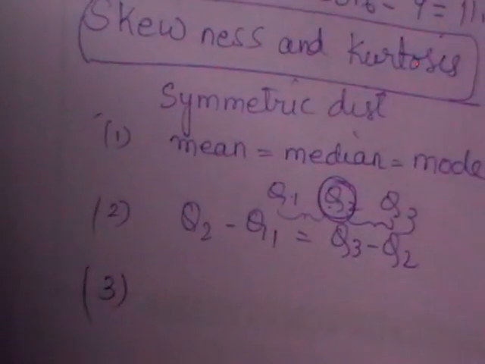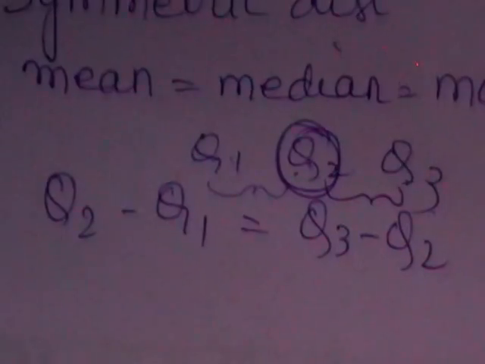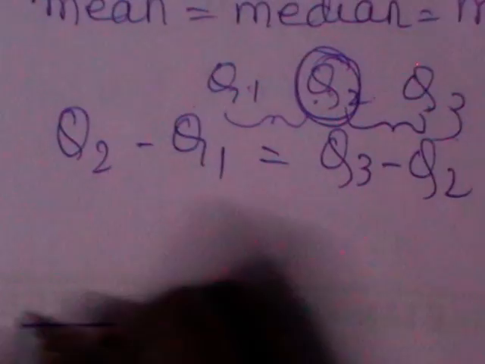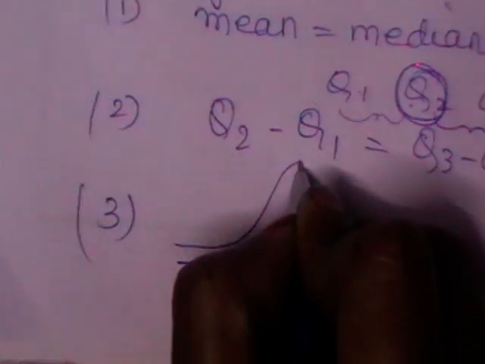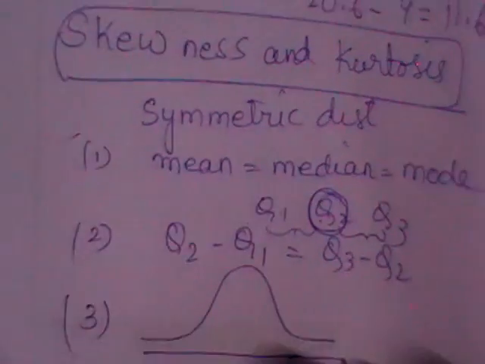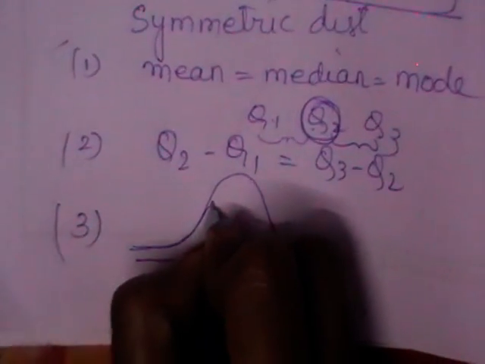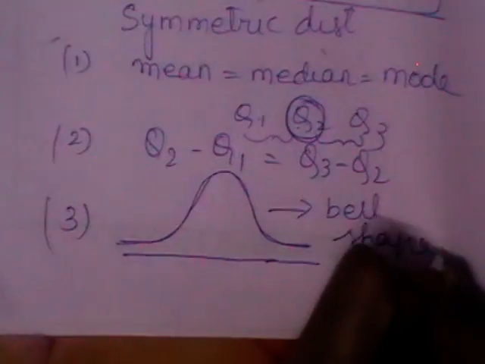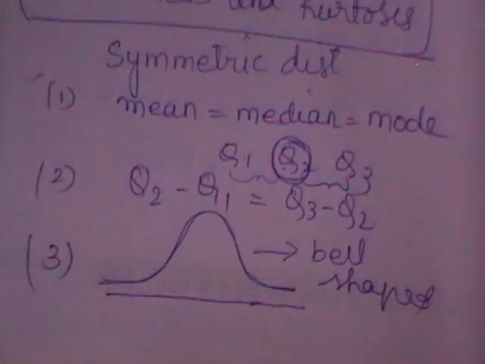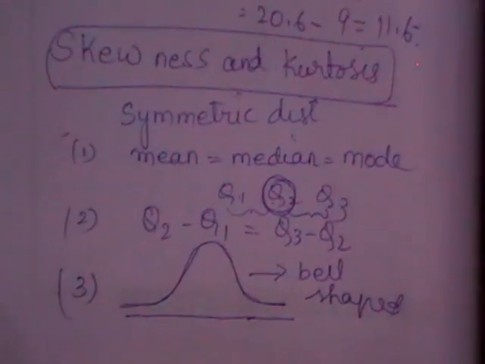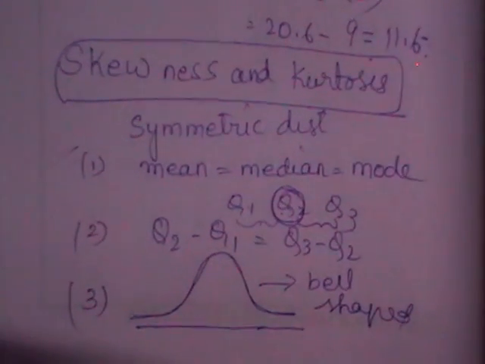And also, after plotting the data on the graph, if the curve of the plotted data shows a bell-shaped curve, then if these three conditions are satisfied for any distribution or given data, we call the given distribution a symmetric distribution.